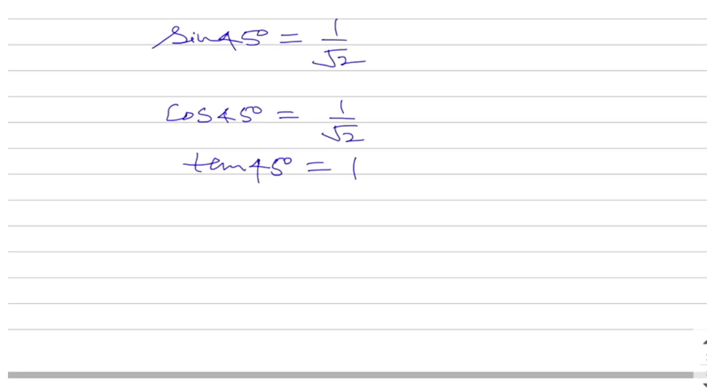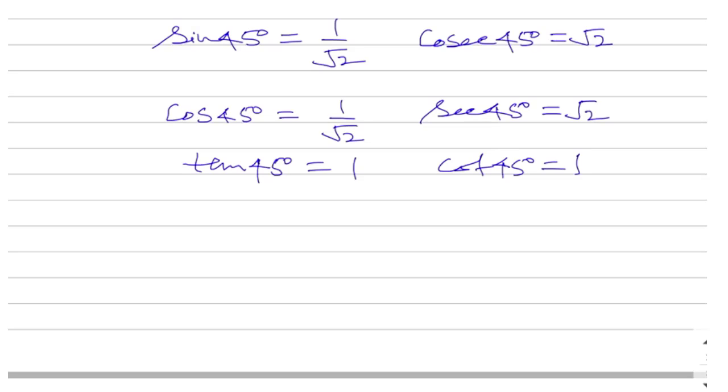So we have sin 45 degree is equal to 1 upon root 2, cos 45 degree is equal to 1 upon root 2, tan 45 degree is equal to 1, and the cosec 45 degree is equal to root 2, sec 45 degree is equal to also root 2, and cot 45 degree is equal to 1.